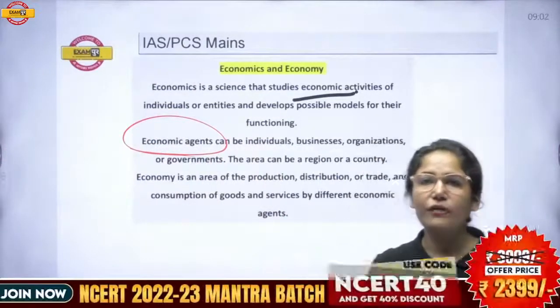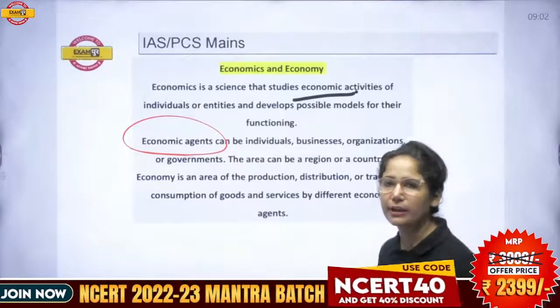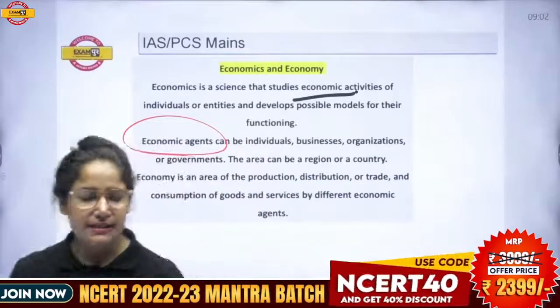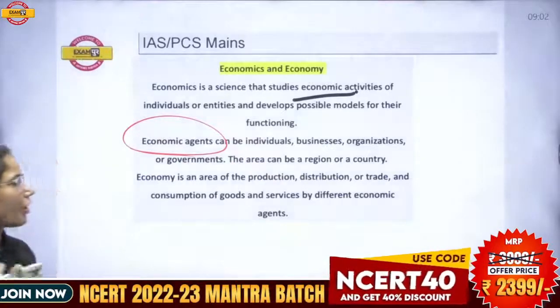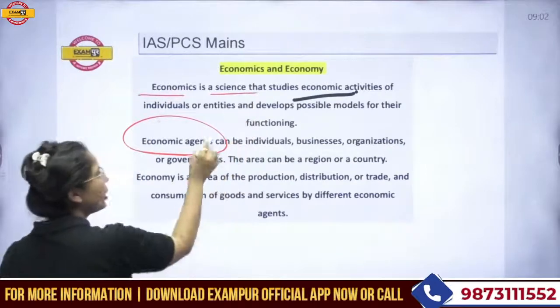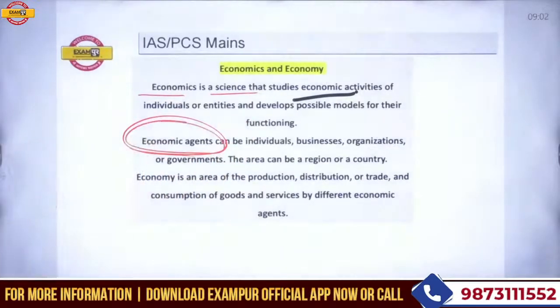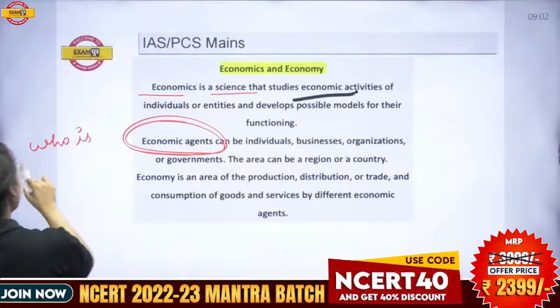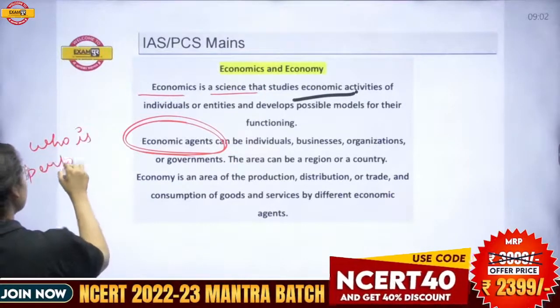Whatever kind of things are taking place in the economy, be it the agriculture sector, industries, businessmen, or capitalists, how they all are working on the parameters. Economics is the science, and an economic agent is the one who is performing the task.